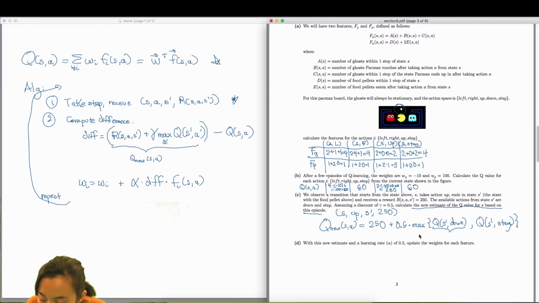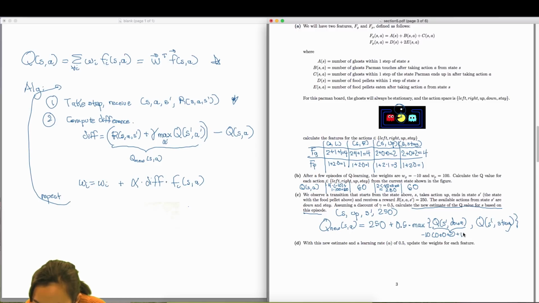So the Q value for S prime down is going to be equal to -10 times the value for feature G, which is the number of ghosts within one step, which is 0, plus the number of ghosts Pac-Man touches after taking the action down from S prime. After we take this action down, we're going to end up back here, touching no ghosts. And then the number of ghosts adjacent to us in our final state here, which is 2.